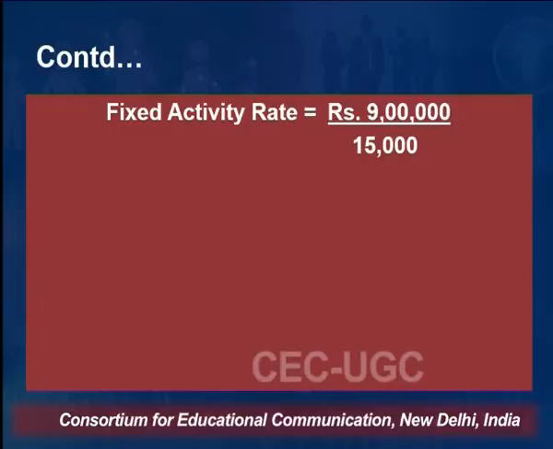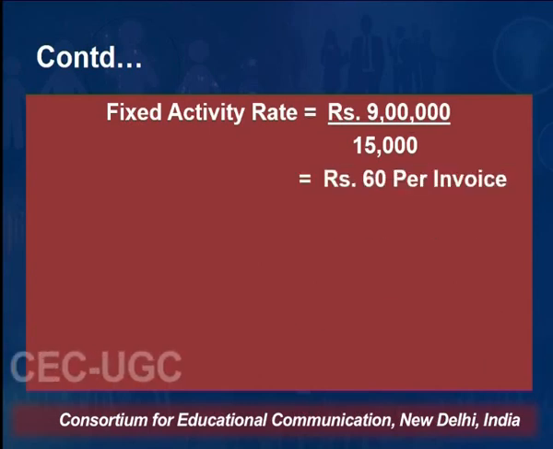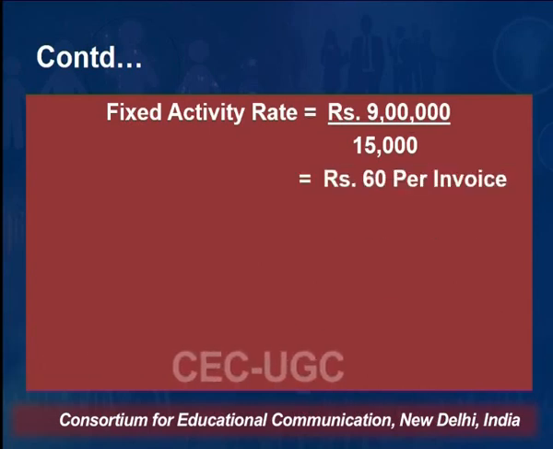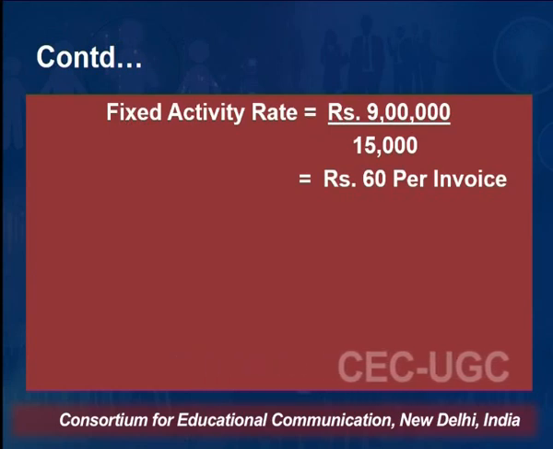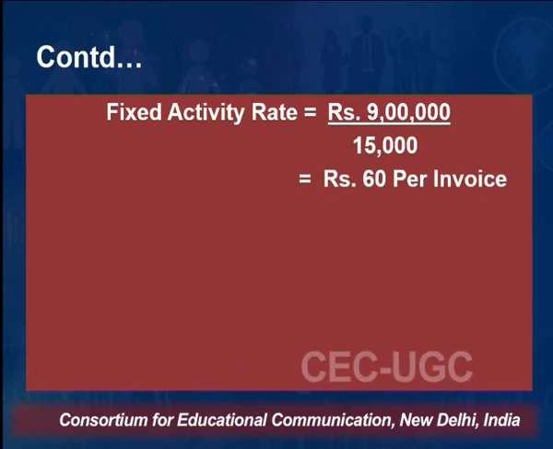Now we have to find out what is the fixed activity rate and what is the variable activity rate. So fixed cost was rupees 9 lakh, that is salary, divided by 15,000. It will give me the fixed activity rate, that is rupees 60 per invoice. Now when I am saying that rupees 9 lakh is fixed, why am I saying that? Because it is actually the salary of the staff which we were paying. So regardless of their activity, the salary has to be paid.